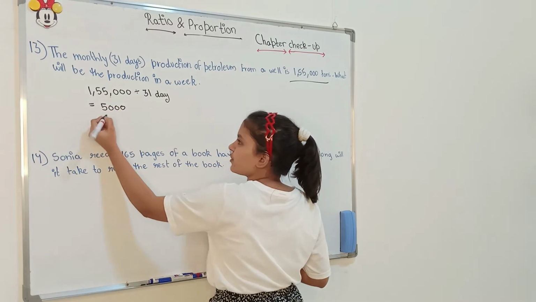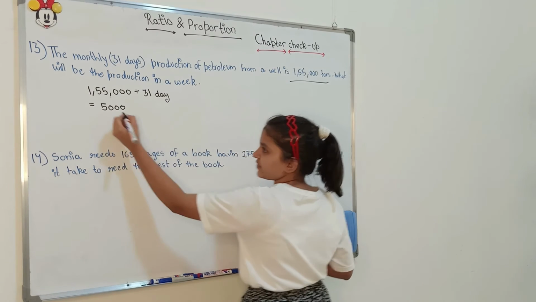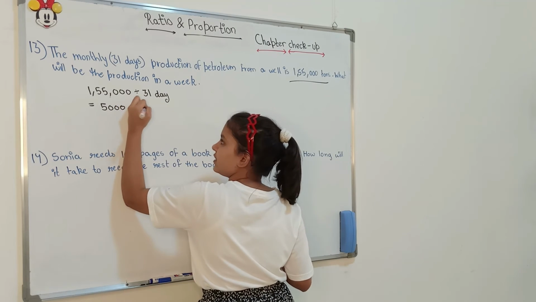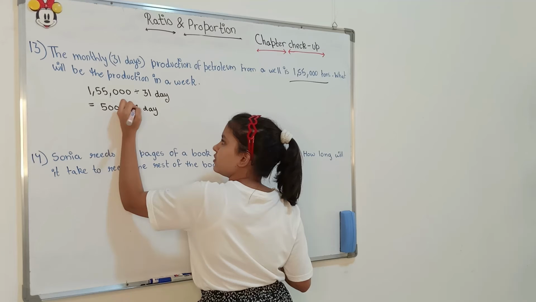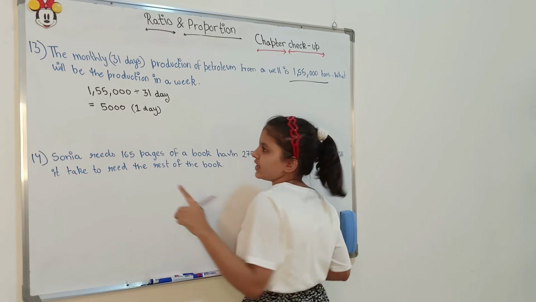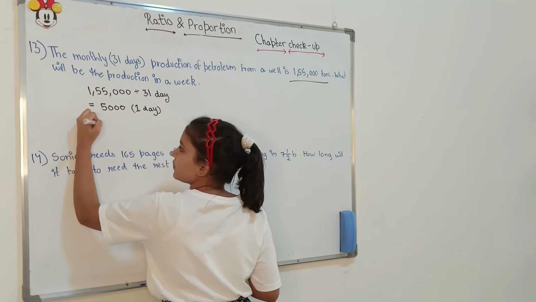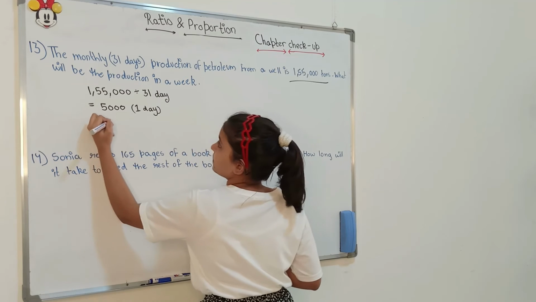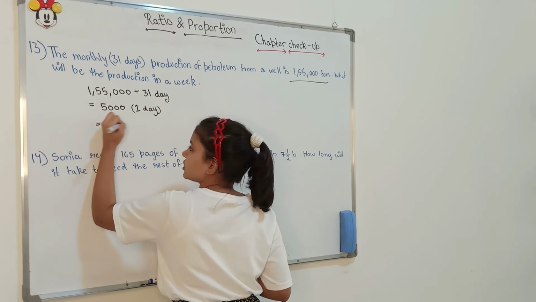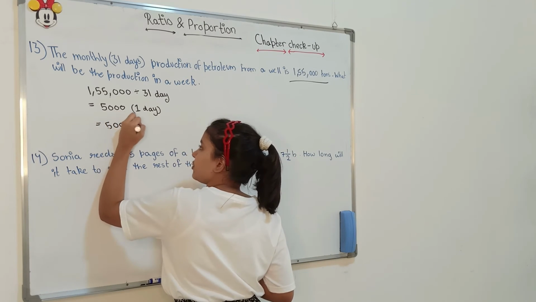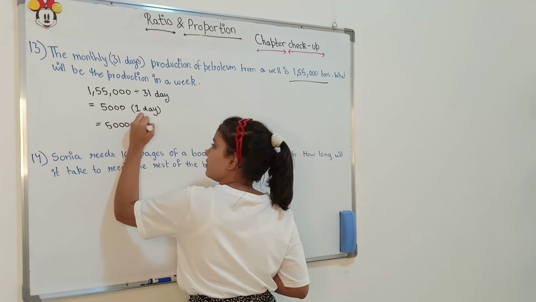So now we got 5,000 for 1 day. Now we have to find for 7 days, a week. So we will write this as 5,000 into 7, 1 week.